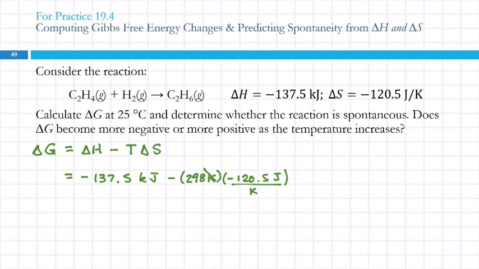So the kelvins cancel out, but we're going to have kilojoules minus joules, or plus joules. You can put it into joules, you can put it into kilojoules. You have to pick one. Well, I think it's easiest to just change this by going times 10 to the 3 and just have it be joules. Negative 137.5 E3 minus negative 120.5.